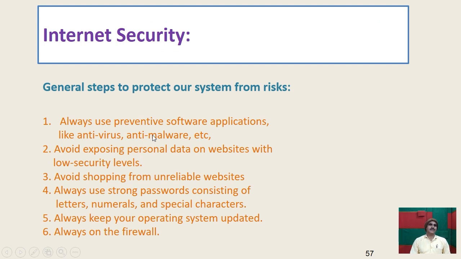Now, general steps to protect our system from risks. We know that using the internet is not safe, but while using the internet you have to protect your system by following some steps. First, always use preventive software applications like antivirus, anti-malware, etc. Secondly, avoid exposing personal data on websites with low security levels.